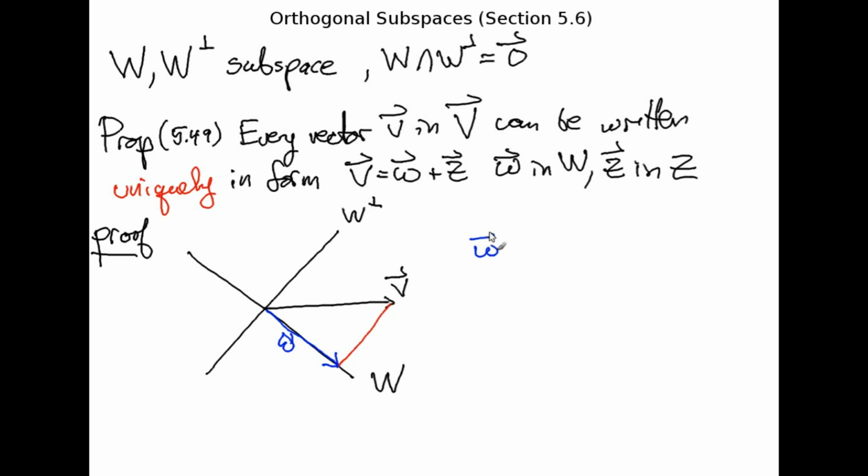Take W to be the projection of V on W. That's basically the main point. And then we know that V is therefore equal to W plus (V minus W).